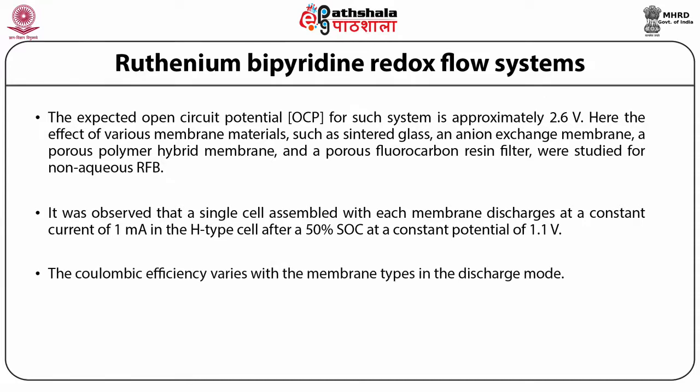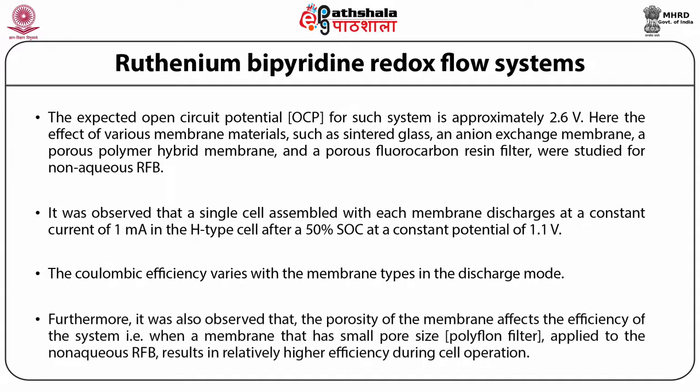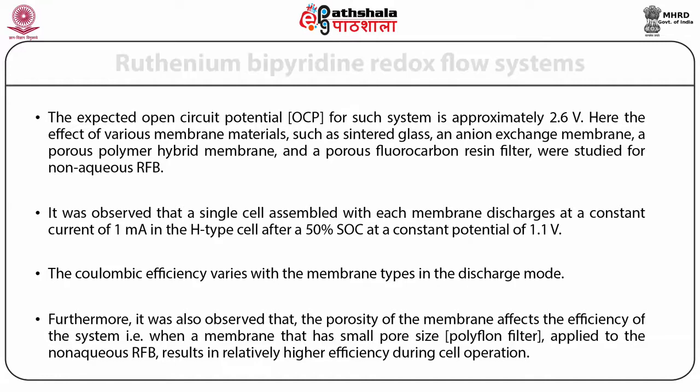The Coulombic efficiency varies with the membrane types in the discharge mode. Furthermore, the porosity of the membrane affects the efficiency of the system. That is, a membrane with small pore size, such as the Polyflon filter, applied to the non-aqueous RFB results in relatively higher efficiency during cell operation.